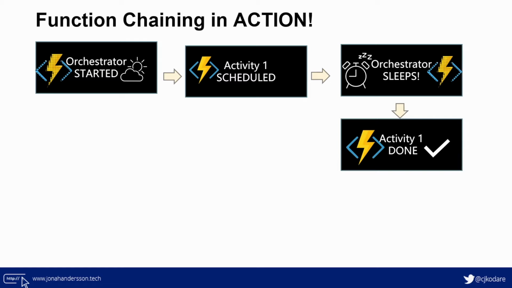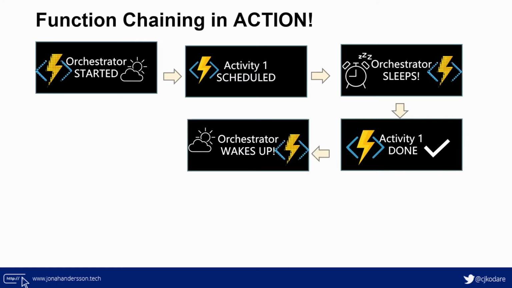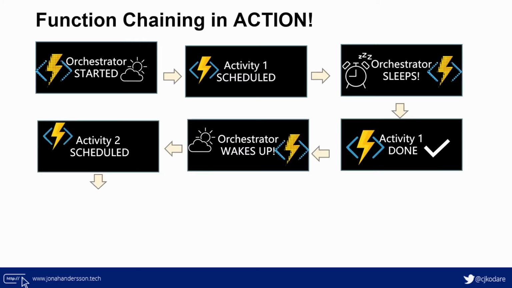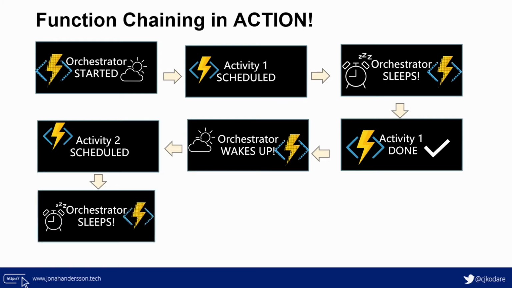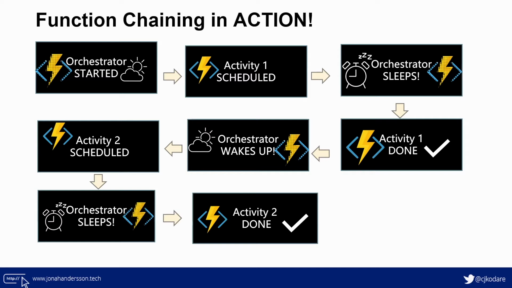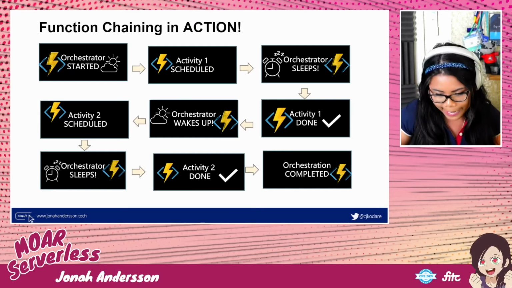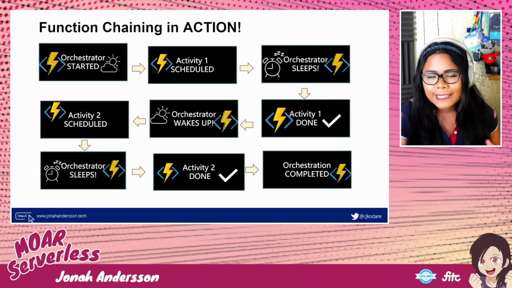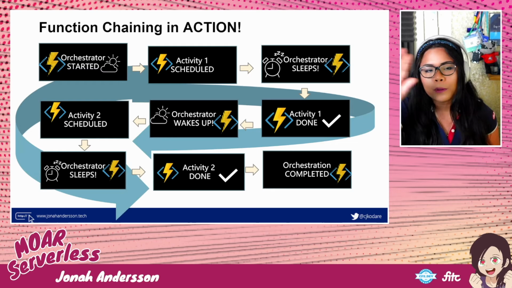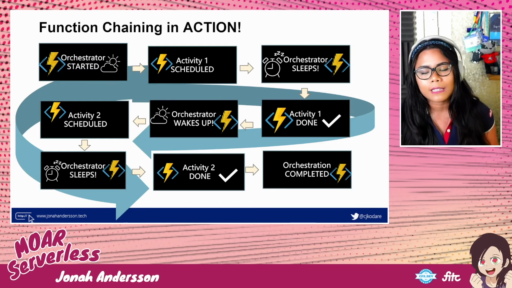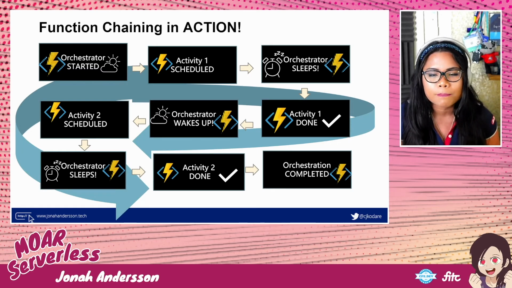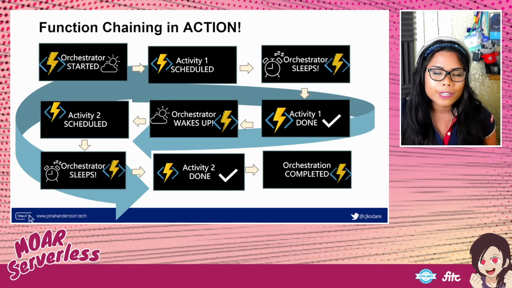Then activity 1 is done, the orchestrator wakes up, and activity 2 is scheduled and doing its job. The orchestrator sleeps again. Activity 2 is done, and then the orchestration is completed. But that's the first step, the first play, you could call it. When it gets triggered again, it will replay, just like what I mentioned earlier.